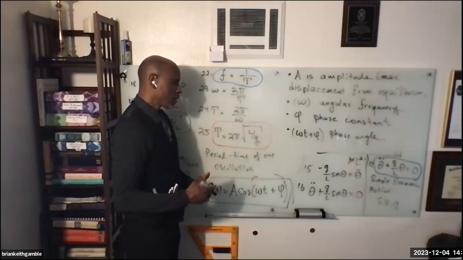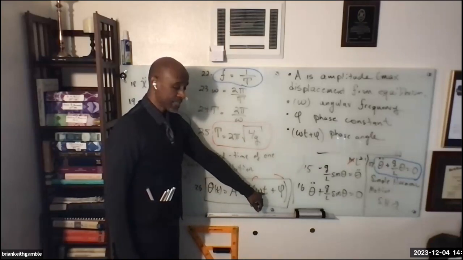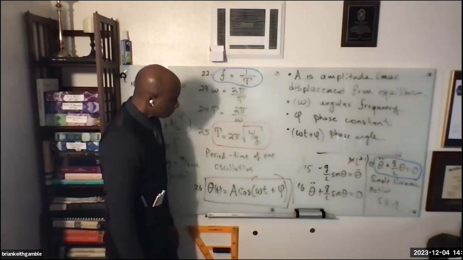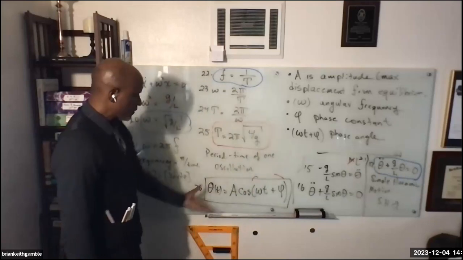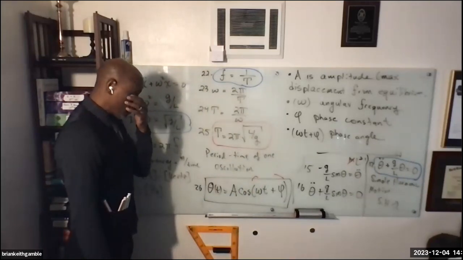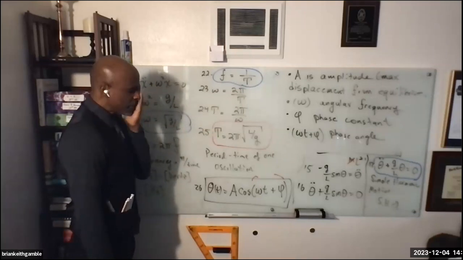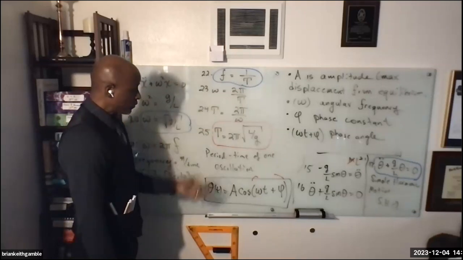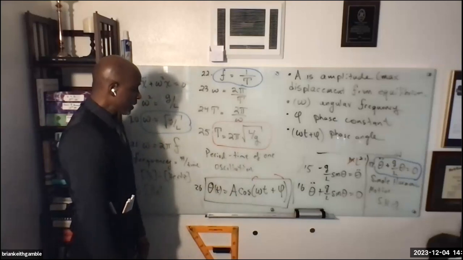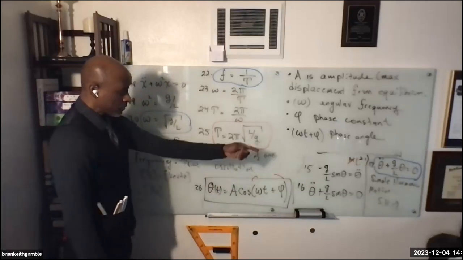And the phase angle is just the thing that defines where the particle is if you start measuring the system at time t equals 0. So that's what defines all this. Now, in order to prove that this is in fact a solution to that differential equation, what you do is plug it into that.